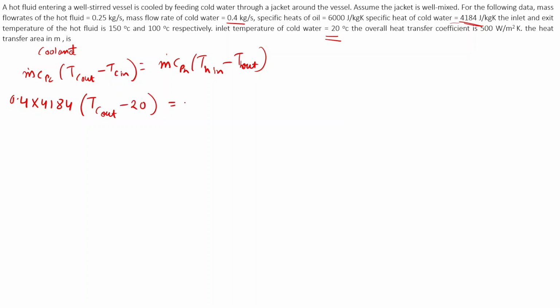For the hot fluid, we have been given the hot flow rate as 125 kg per second and the specific heat is 6000 joule per kg Kelvin. The hot fluid inlet temperature is given as 150 degrees Celsius and the outlet is 100 degrees Celsius.